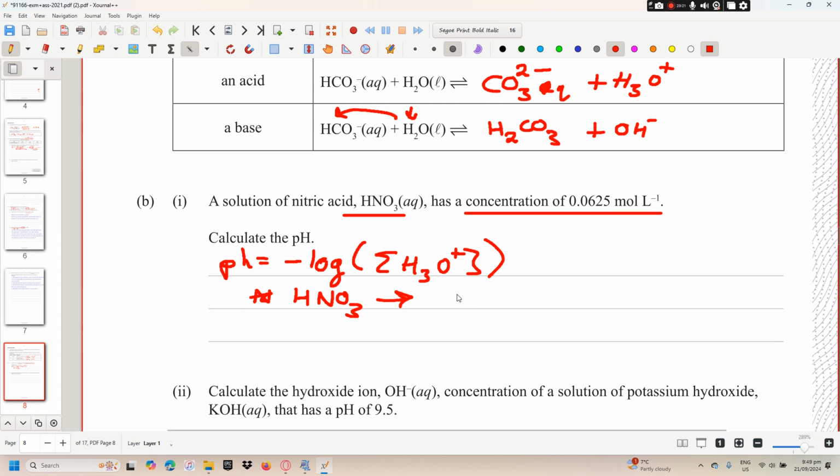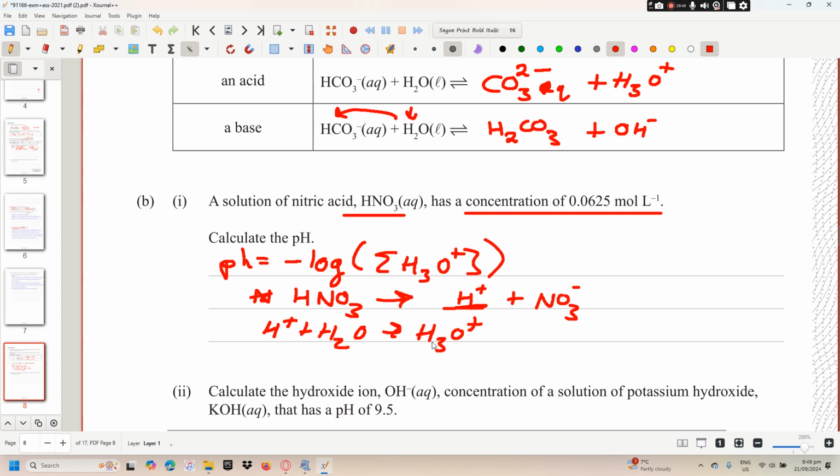All nitrates are soluble. It just goes for it. Practically all of them dissociate into these two ions, and then these H pluses all react with water to form hydronium.